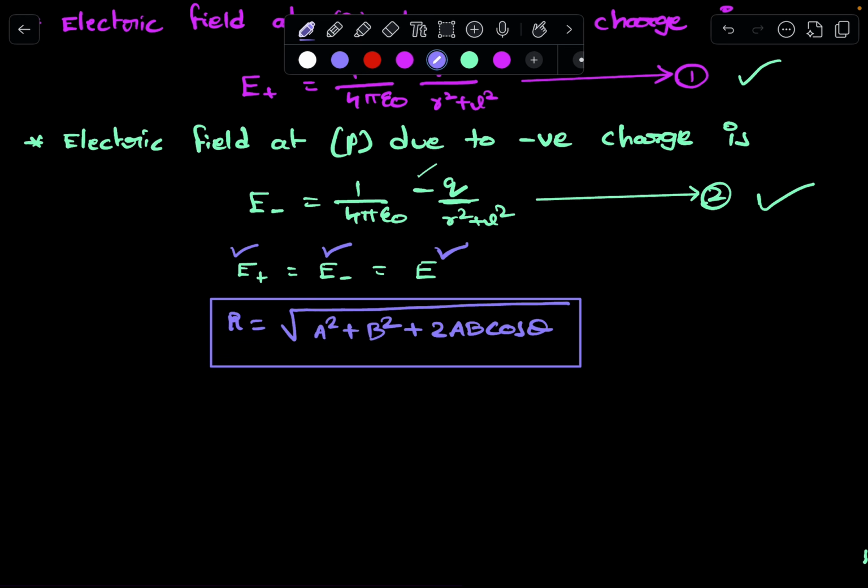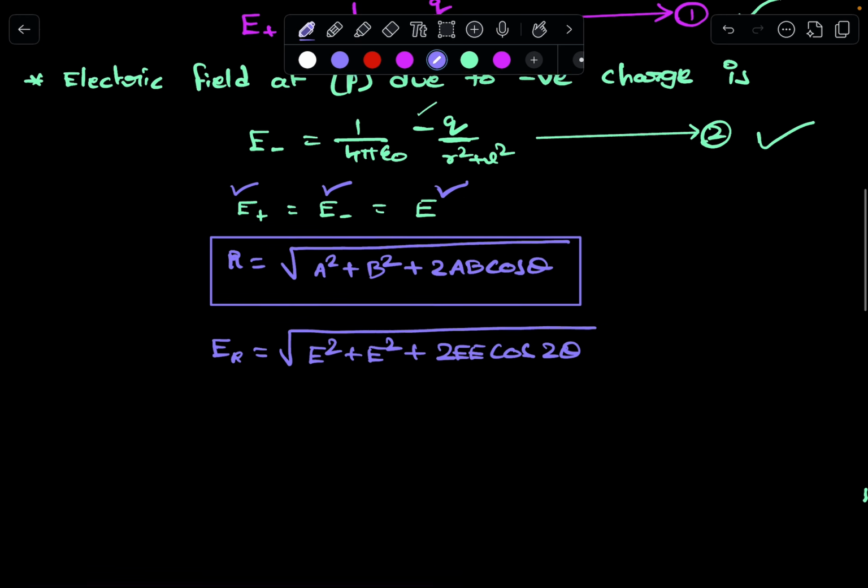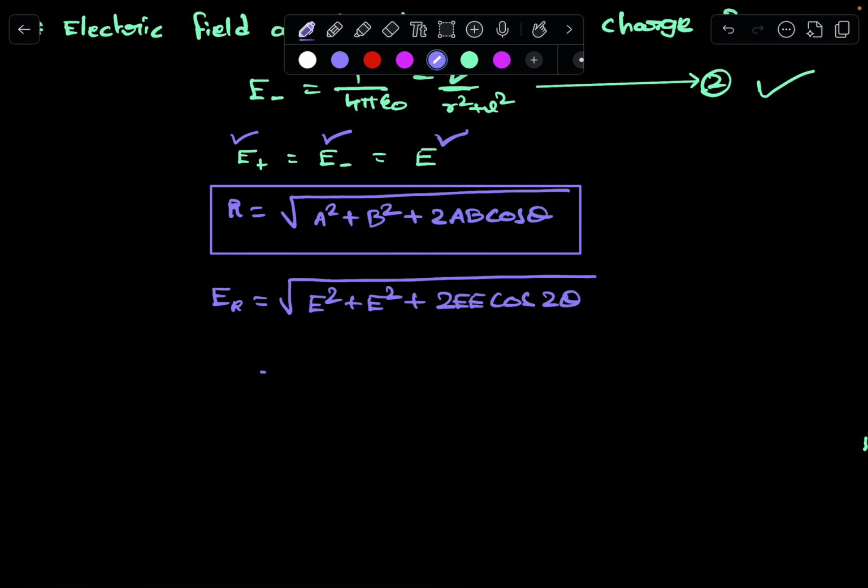Therefore, the resultant electric field is equal to the square root of E square plus E square plus 2EE cos 2 theta. E square plus E square means 2E square, right? So in the next step, it is equal to the square root of 2E square plus 2E square cos 2 theta.